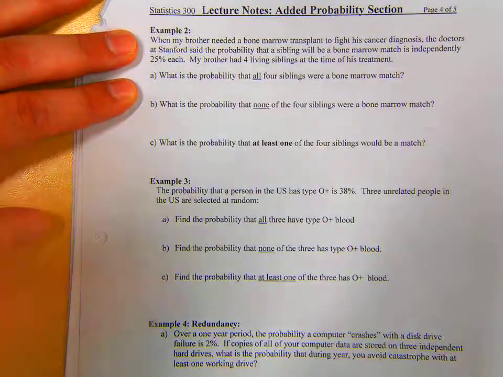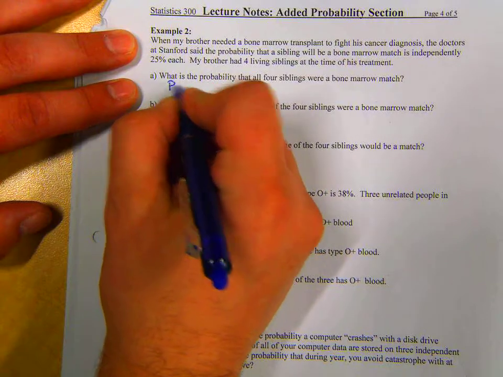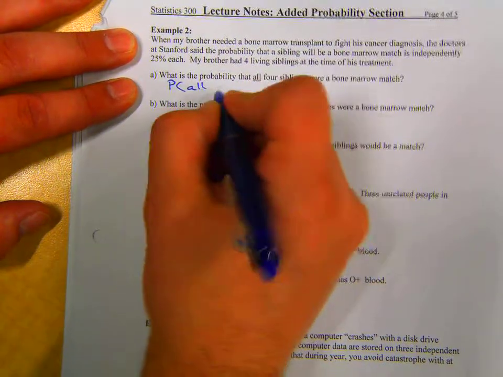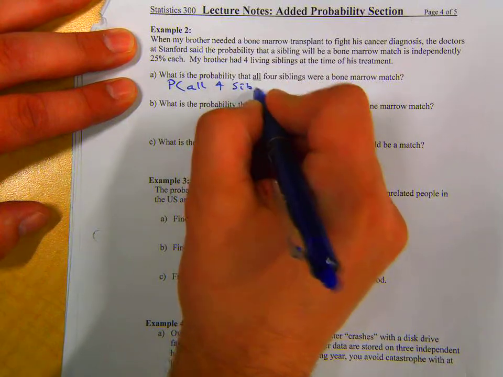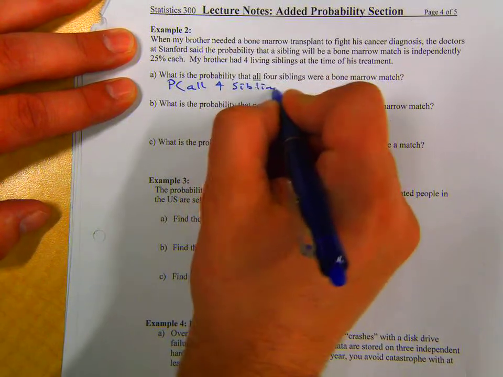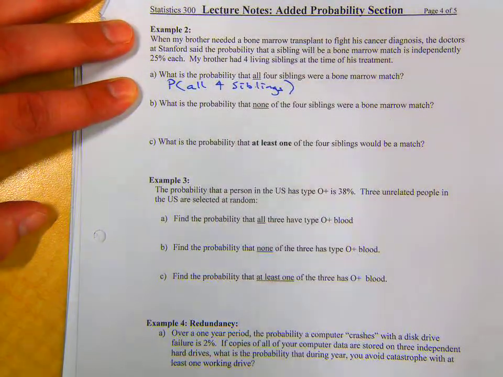So what is the probability that all 4 siblings were bone marrow matches? I could write sibling and sibling.